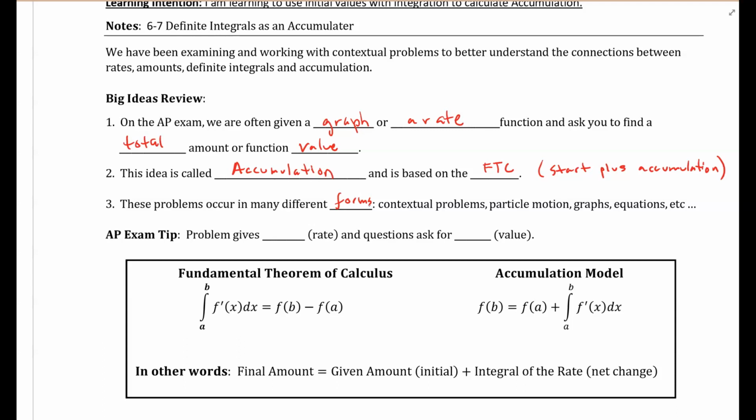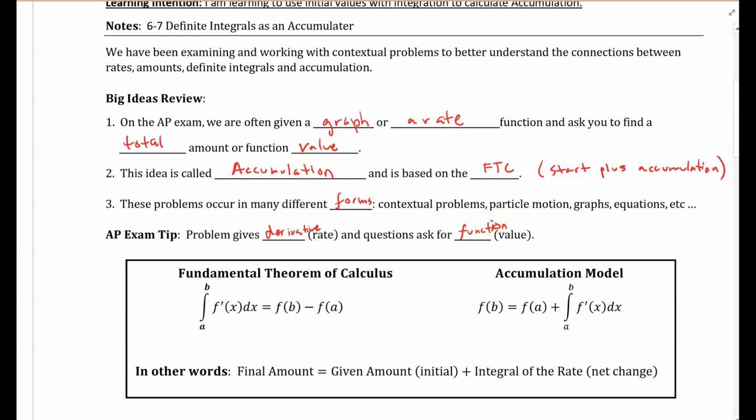So these problems often give a graph or a function that is a rate, and really what it gives is a derivative, and ask questions for the function value or a total value.